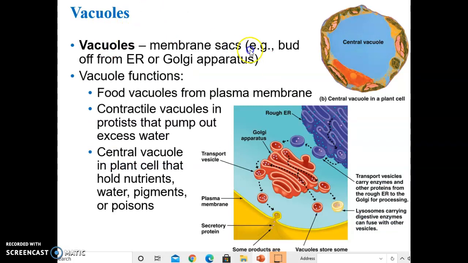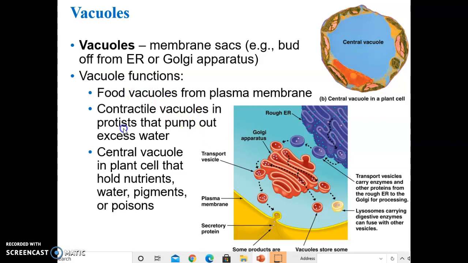Okay, vacuoles. So these are membranous sacs, like the ones that bud off of the rough ER to transport things to the Golgi, in which case they're transport vesicles, or vesicles that bud off of the Golgi and go to the plasma membrane. So again, another type of transport vesicle. They can be food vacuoles from the plasma membrane, and food can be absorbed that way into a cell via a vacuole that serves as a food vacuole.